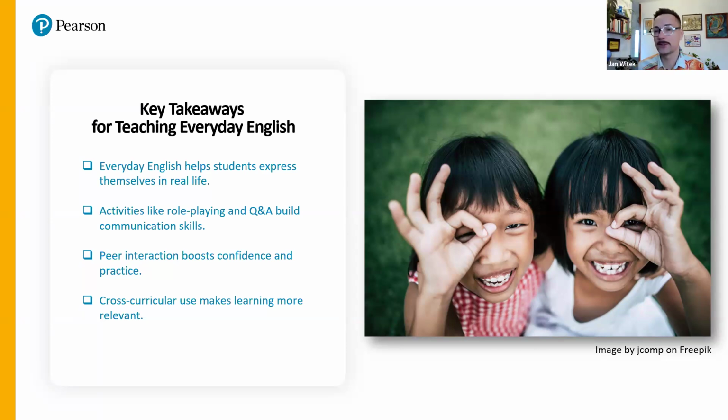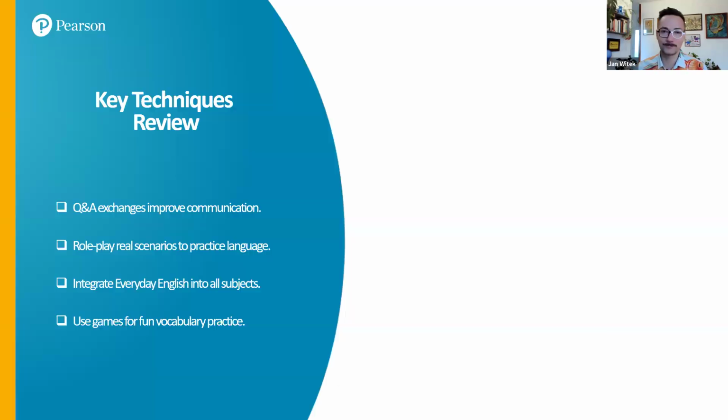Using practical activities such as role-playing, Q&A sessions, and also vocabulary games helps build foundational communication skills. Encouraging peer interactions boosts students' confidence and allows them to practice in authentic settings. Cross-curricular activities involving everyday English, like discussing topics in maths or science, make learning more connected and relevant.